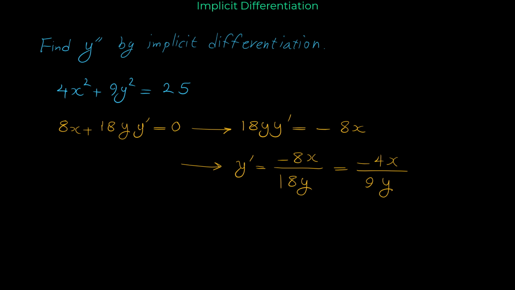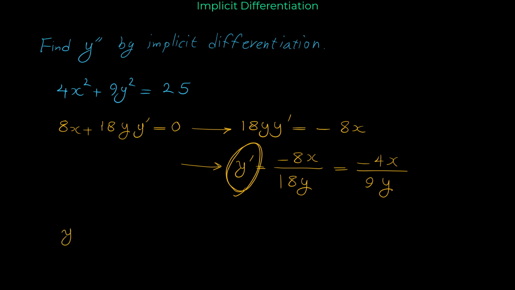Now, for finding y double prime, we differentiate both sides of this relation again with respect to x. The derivative of the left side, the derivative of y prime, is y double prime.